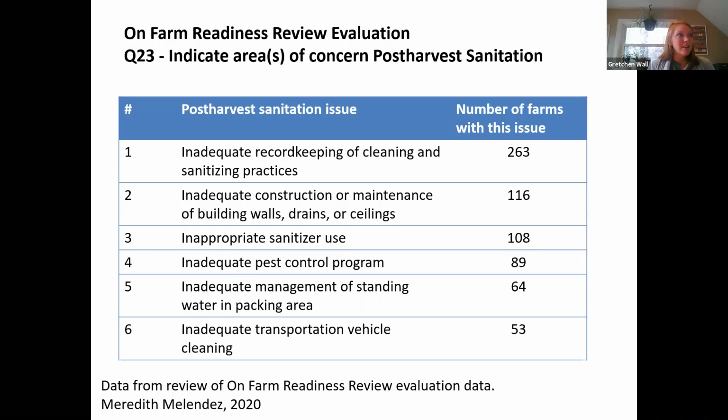And interestingly enough, inadequate record keeping of cleaning and sanitation practices was the number one issue that was reported during those on-farm readiness reviews, which seems like a fairly easy thing to implement, but many growers aren't doing that. So if there's one place that you spend time in this module, it might be discussing or giving them templates for cleaning and sanitation, because this is one of the areas that's been identified as lacking in terms of post-harvest management.